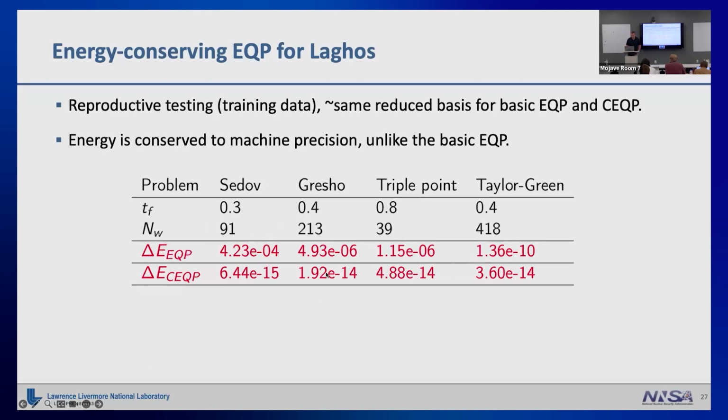And we see that if we use this conservative EQP, we conserve to machine precision, whereas the basic EQP had considerable change in the energy.